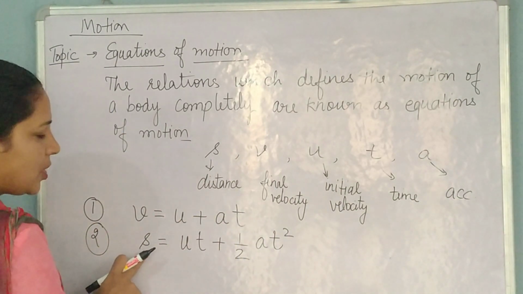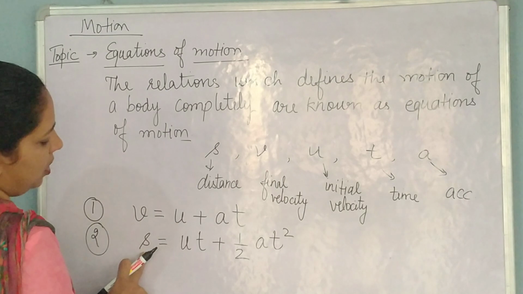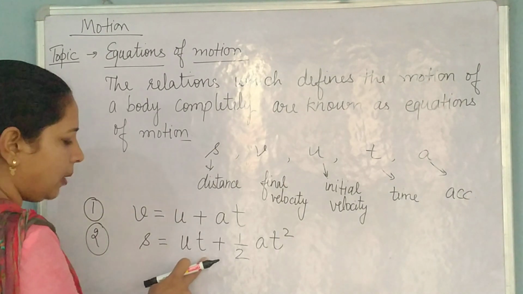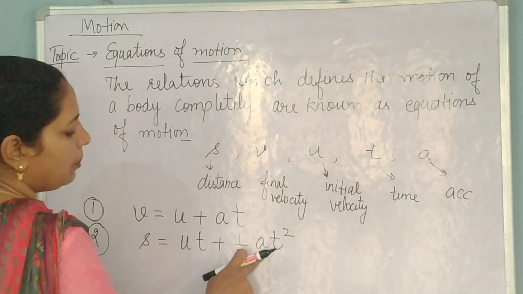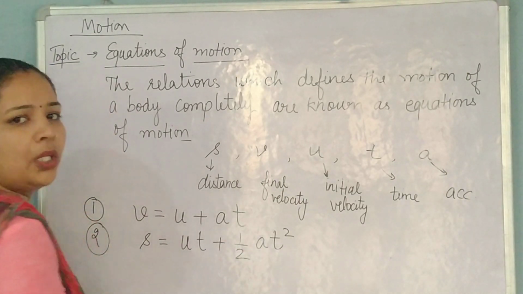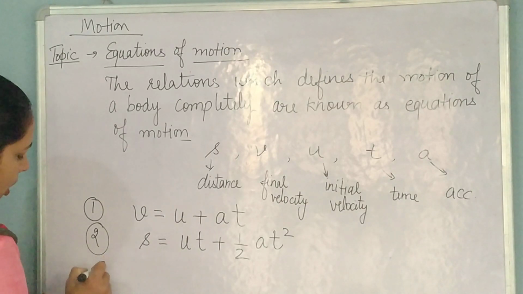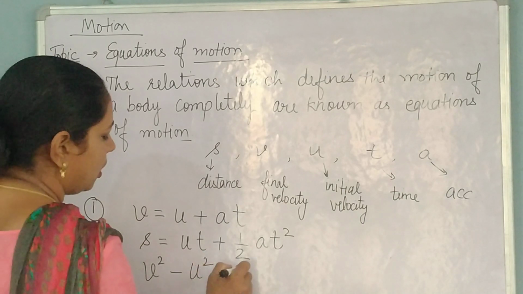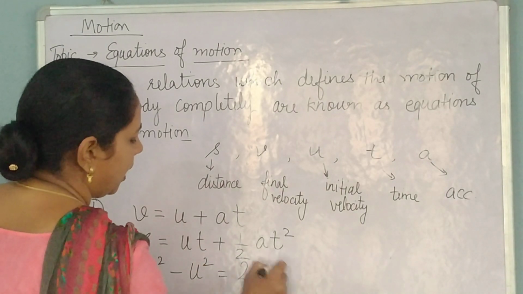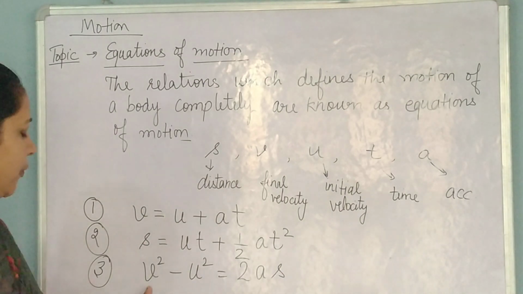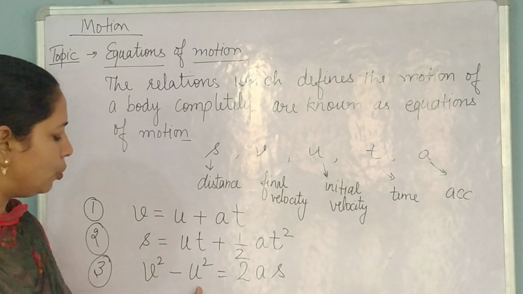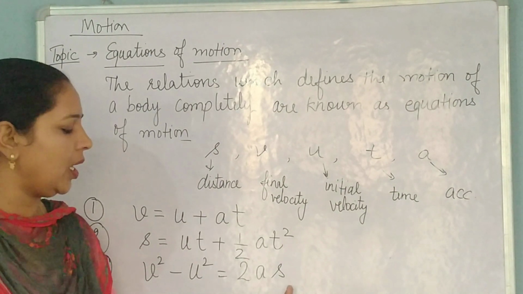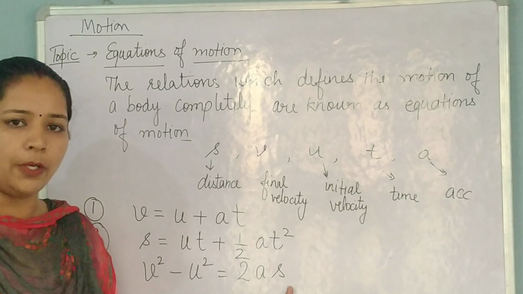That means distance traveled by a body is given by the product of initial velocity and time plus half multiplied by acceleration into time square. Third one is V square minus U square equals 2AS. Here V means final velocity, U means initial velocity, A means acceleration and S means distance covered.